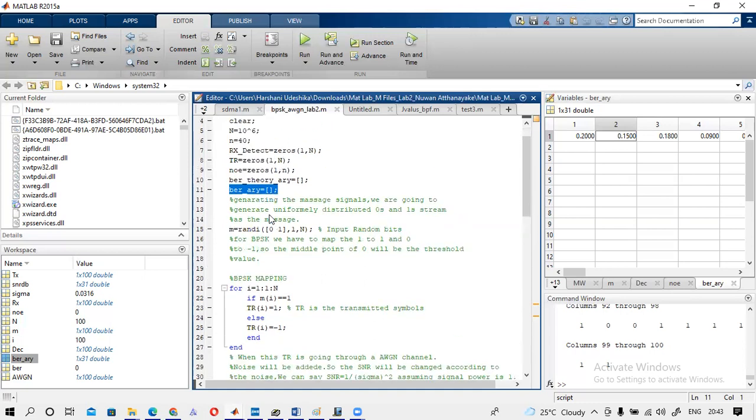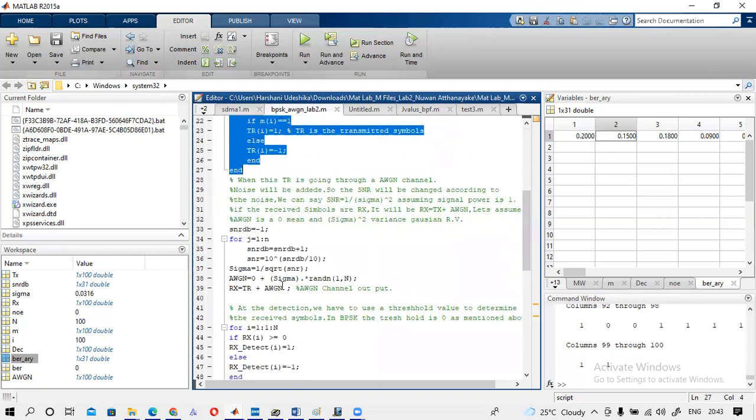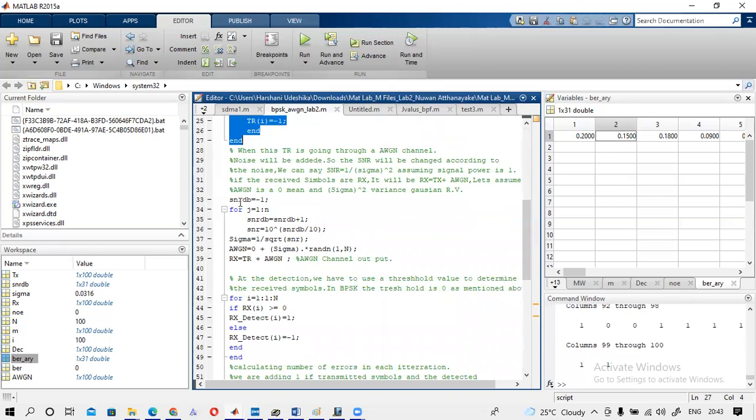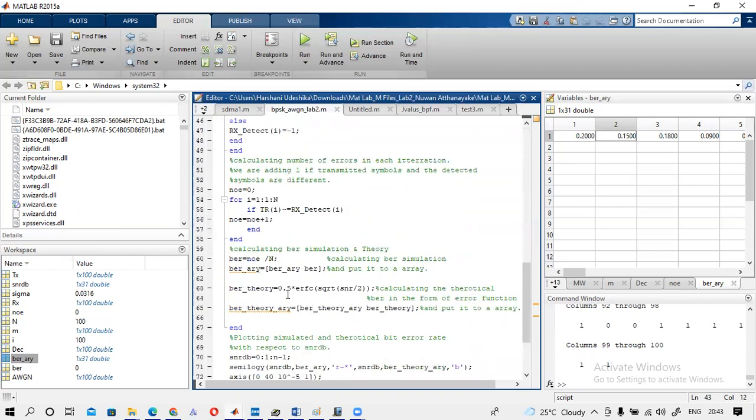This is my message signal, and here I am doing the BPSK mapping. Now I am going to plot with respect to SNRDB. Here this is the bit error rate theory: it is half error function of the square root of SNR divided by 2. I just type it here, and the BER theory is also calculated.